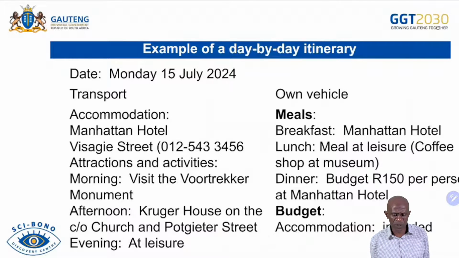In the afternoon, the Kruger House on Corner Church and Potgieter Street, and in the evening, you'll have your leisure time. Budget, it says accommodation included. So whatever you are charged, the accommodation is included.